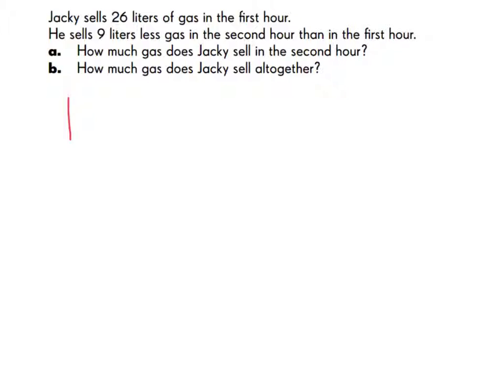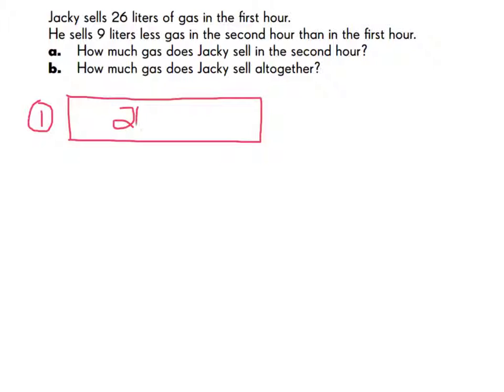Jackie sells 26 liters of gas in the first hour. He then sells 9 liters less in the second hour. So we don't know this value. We do know it happens in the second hour, and it's less.